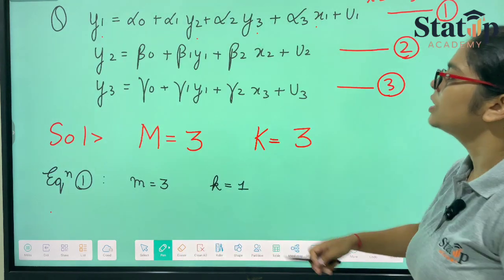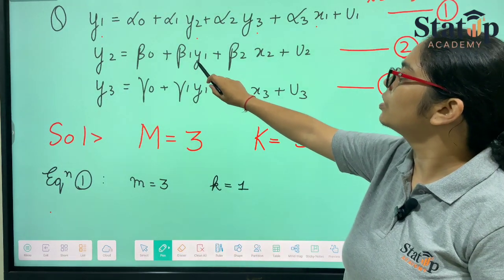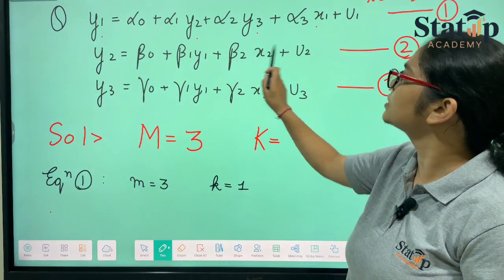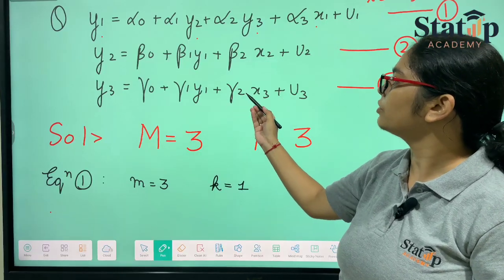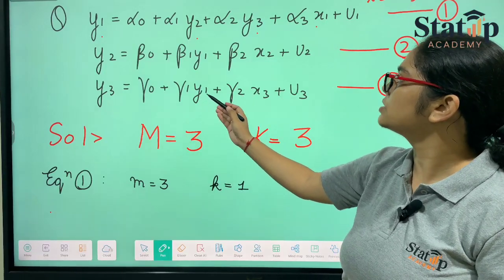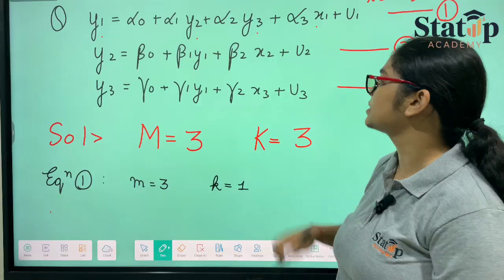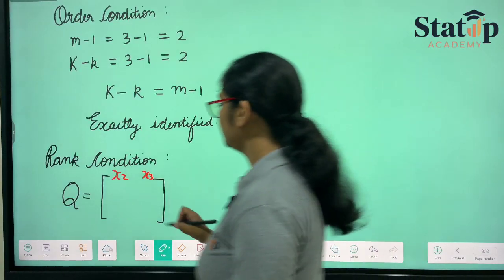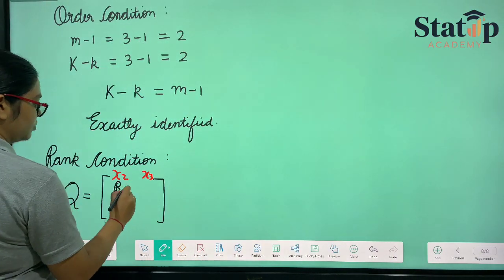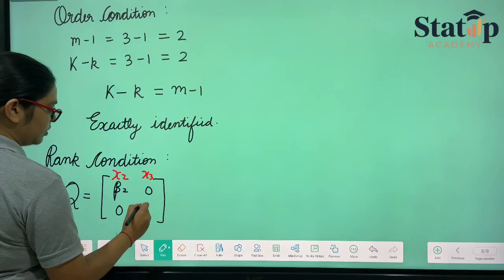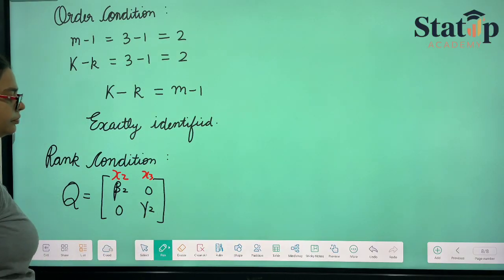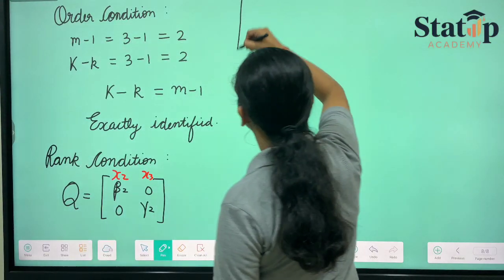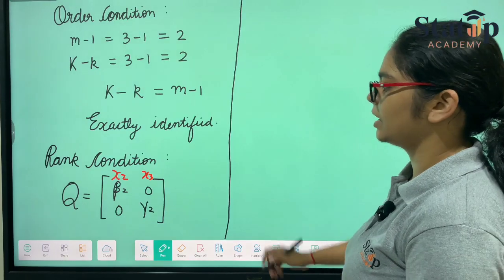Coefficient of X2 in equation 2 is beta 2 and X3 is 0, and coefficient of X2 in equation 3 is 0 and X3 is gamma 2. So this will be beta 2, 0, 0, gamma 2. This will be our Q.